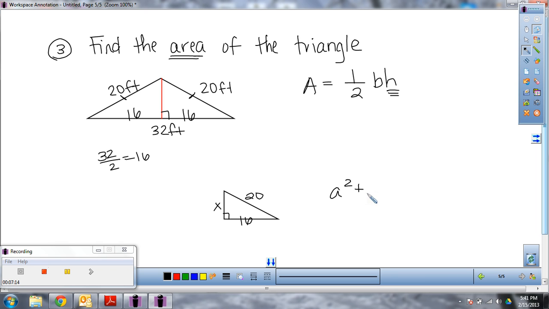A squared plus b squared equals c squared. I have a leg of 16, so I can substitute that in for a. My other leg is unknown, so that will be my x squared, and I have the information for the hypotenuse. So I substitute in my 20 squared.